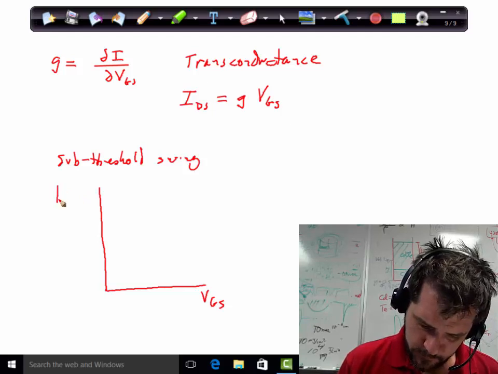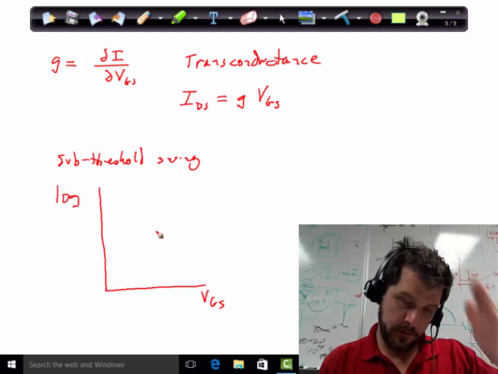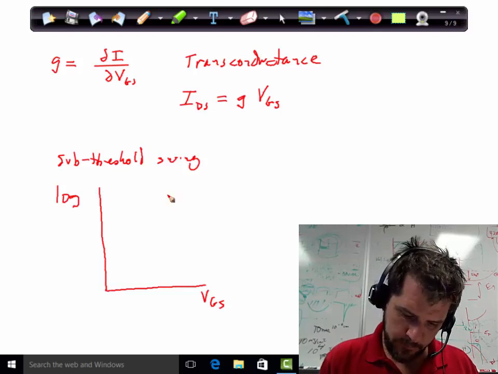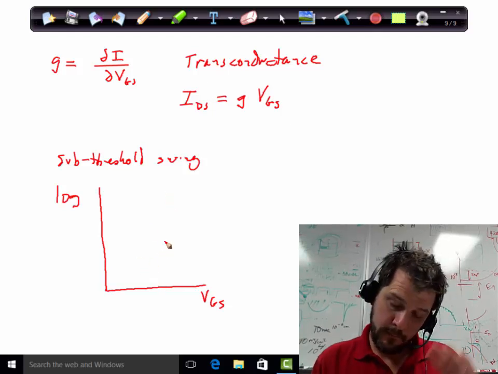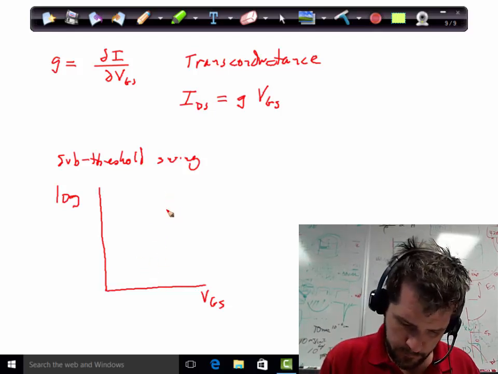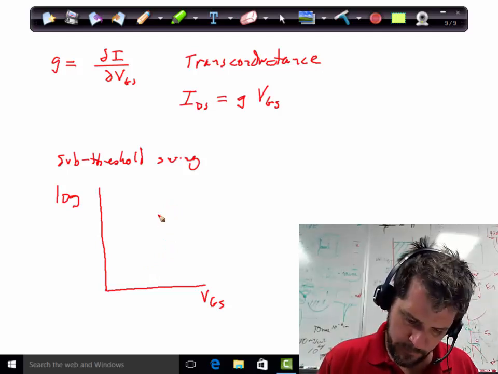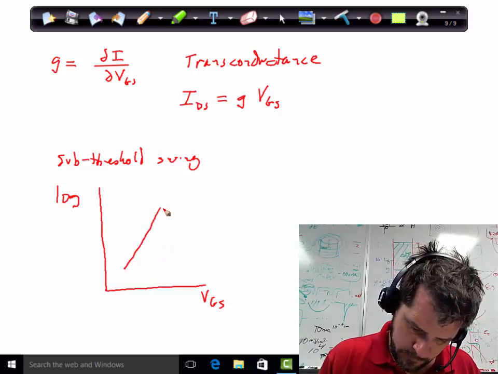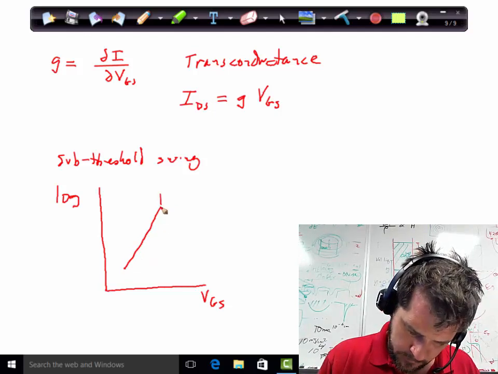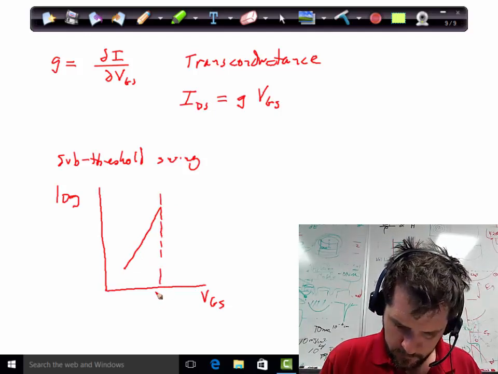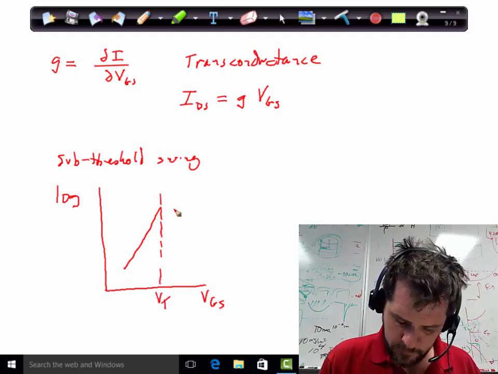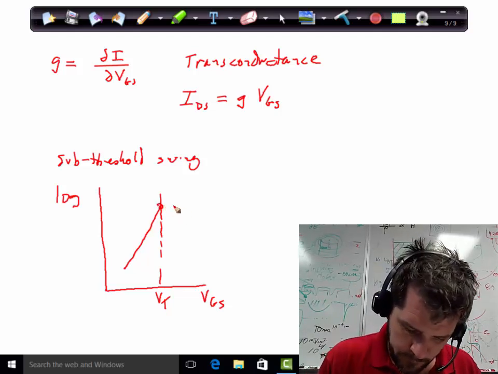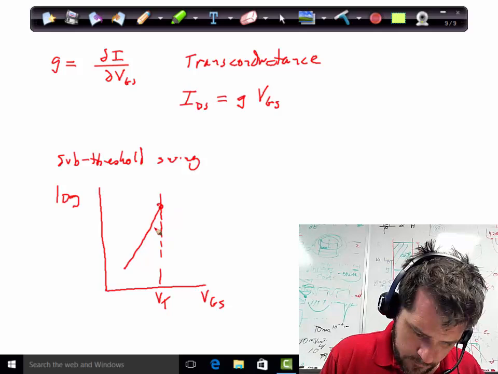You plot on a log scale. So previously we plotted on a linear scale. It took an extrapolation to find V threshold. Now if we look at the region below V threshold, we'll have some region where this is linear. So let's just draw VT here, and just note that we're sort of to the left of the region we discussed before.